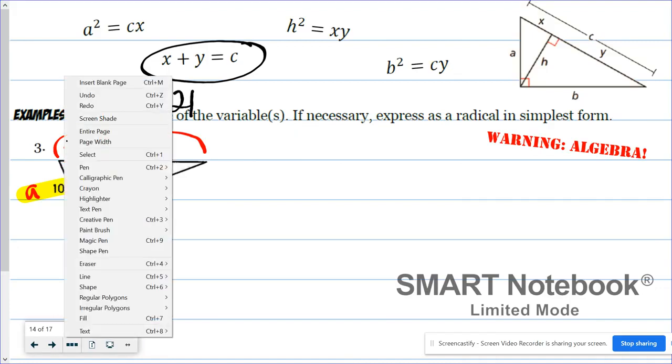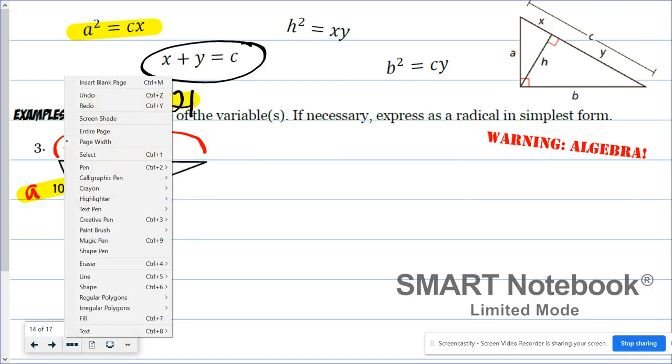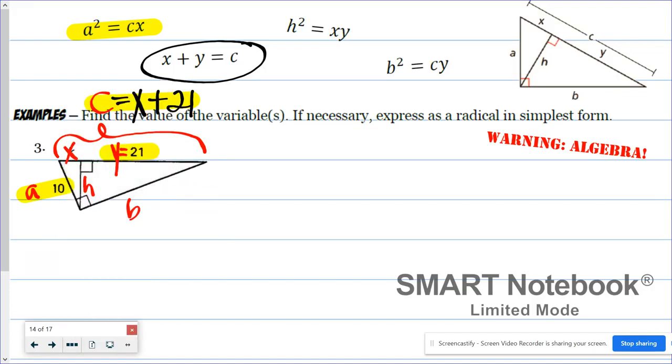And that's going to be helpful here because I know that the leg is the geometric mean between the hypotenuse and its adjacent segment. Okay, so I can write that proportionally as leg A over the hypotenuse C is equal to the adjacent segment, which is X over A. That's what this comes from, okay?